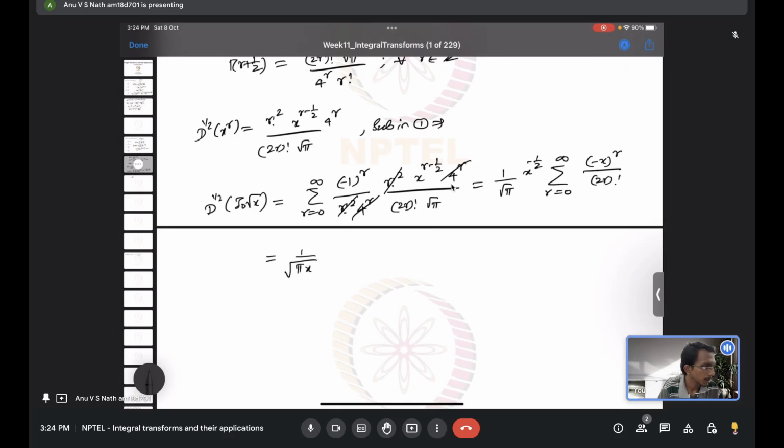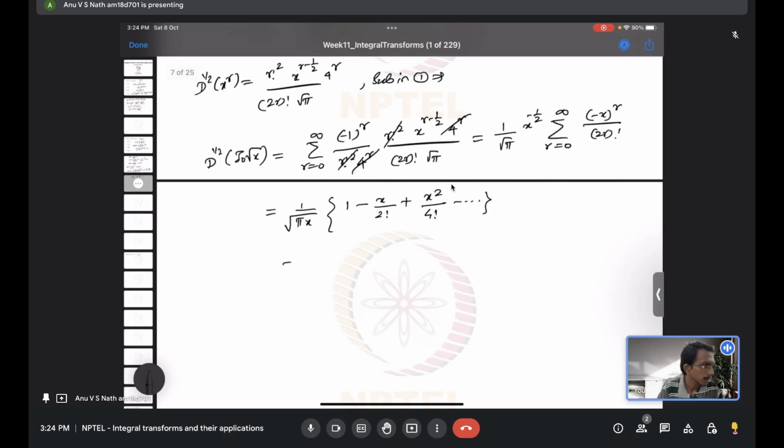The summation, if you see, is actually 1 for r equal to 0, then for r equal to 1 it is minus x over 2 factorial, then for r equal to 2 it is plus x squared over 4 factorial, etc.